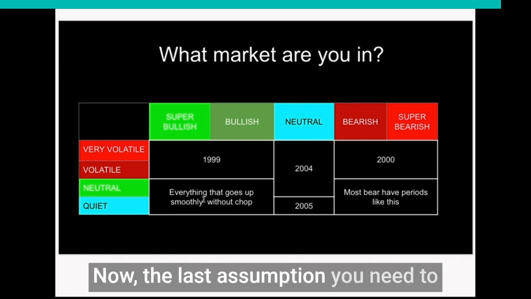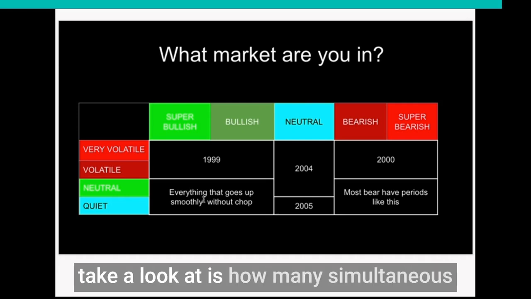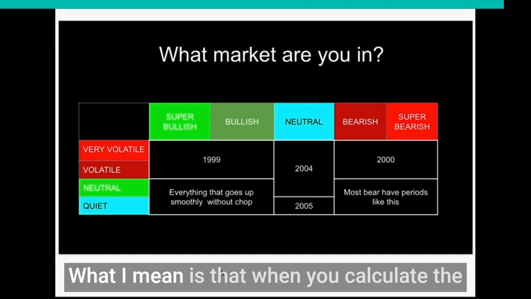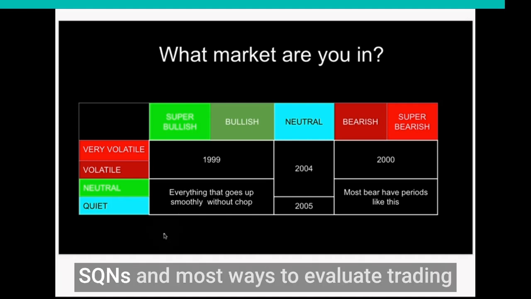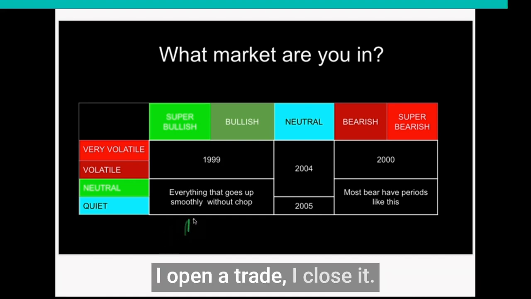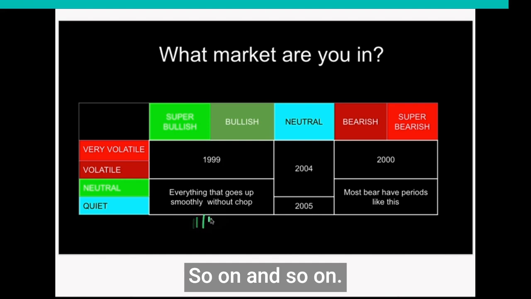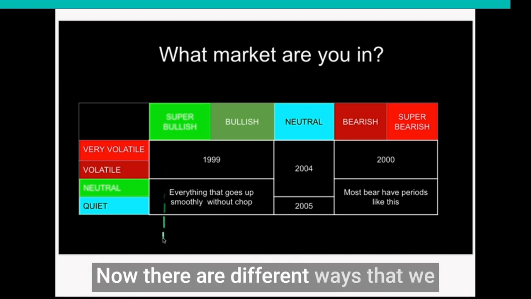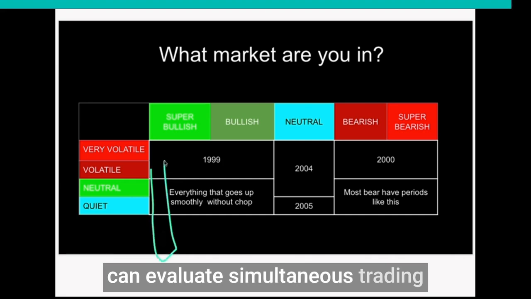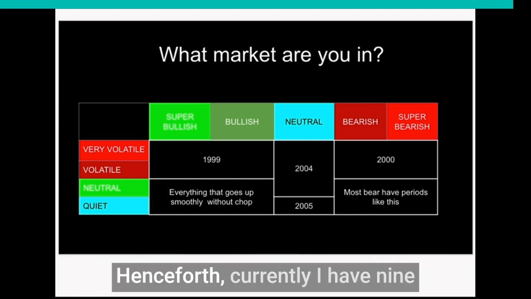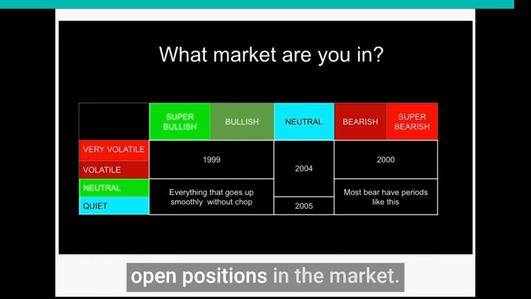Now, the last assumption you need to take a look at is how many simultaneous trades your system could really make. What I mean is that when you calculate SQNs and most ways to evaluate trading systems, you assume consequential trading. I open a trade, I close it, then I open the next one, and so on. Those systems do not look at simultaneous trading. Now, there are different ways that we can evaluate simultaneous trading as well, but the SQN score does not do that. Currently I have 9 open positions in the market.